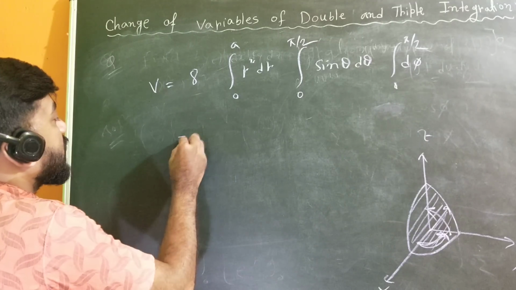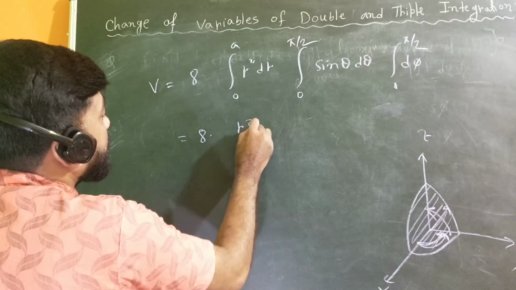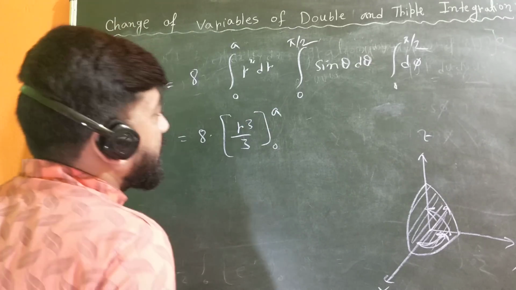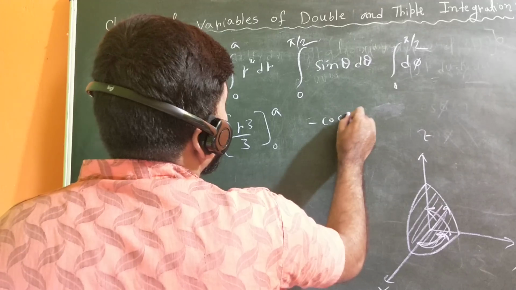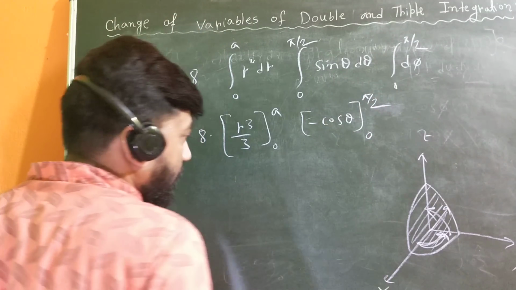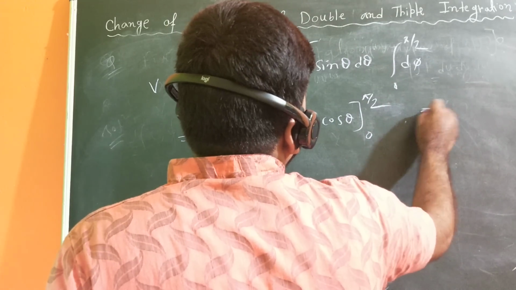So you will get 8 into, the integral of r square is r cube by 3, with the limits from 0 to a, and the integration of sin theta is minus cos theta, with theta varying from 0 to pi by 2, and at the end the integral of d phi will be just pi by 2.